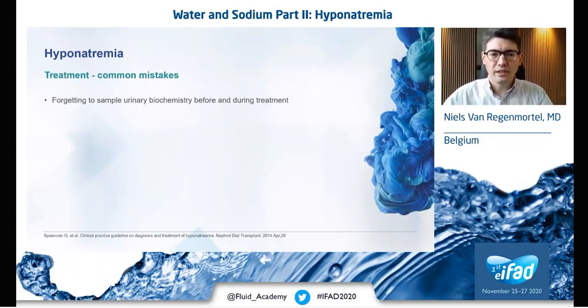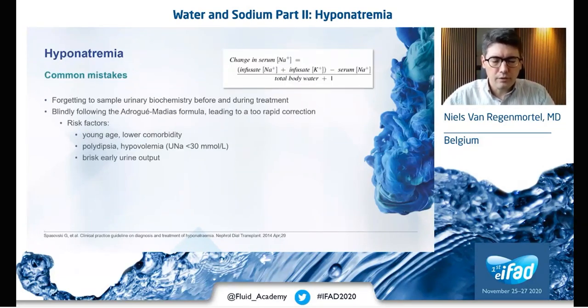So you always need urinary biochemistry first, except in a few situations where there are really acute symptoms or where the diagnosis is really clear from the beginning, but that's not always the case. The second one, even more important, is that it is dangerous to blindly follow the Adrogué-Madias formula that was published in New England many years ago, because when you do that, there is a certain risk of a too rapid correction.